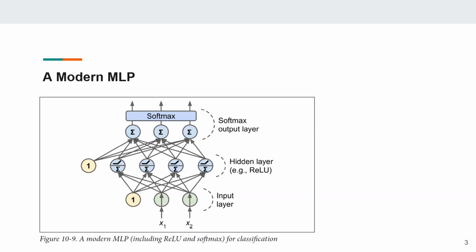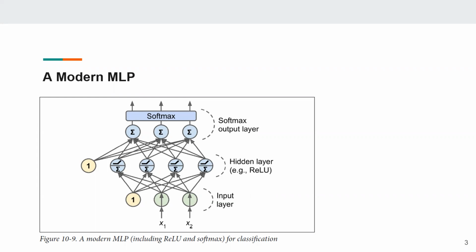And then on top of that, you could use a softmax activation function as the final output of your classification. So this would be one example where you have multiple inputs, and also multiple outputs as well.